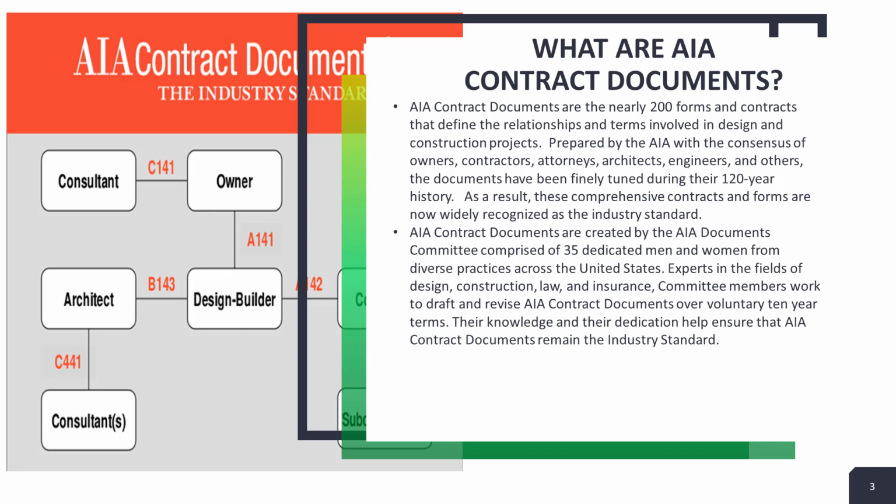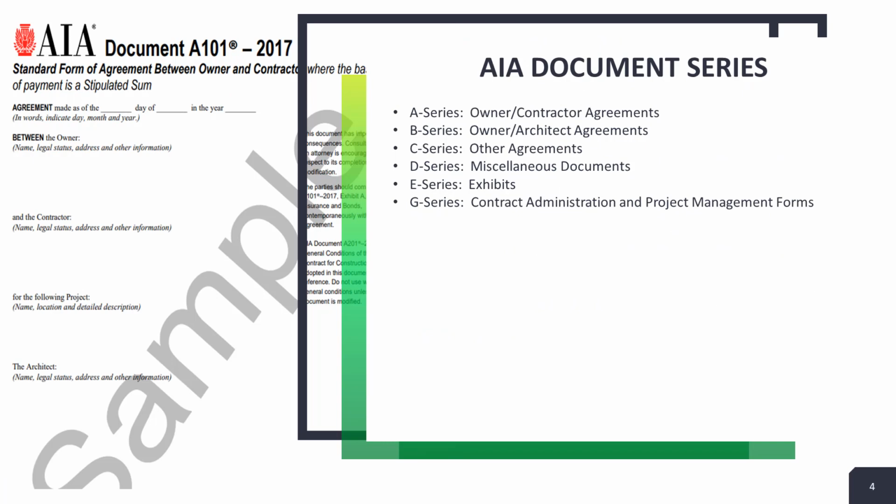AIA contract documents are created by the AIA Documents Committee, comprised of 35 men and women from different practices, experts in the fields of design, construction, law, insurance, etc. There is a lot that goes into making these documents. The documents are divided into 6 series.